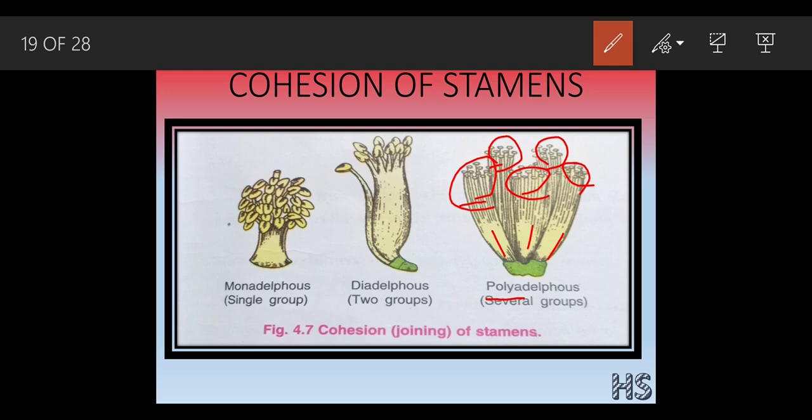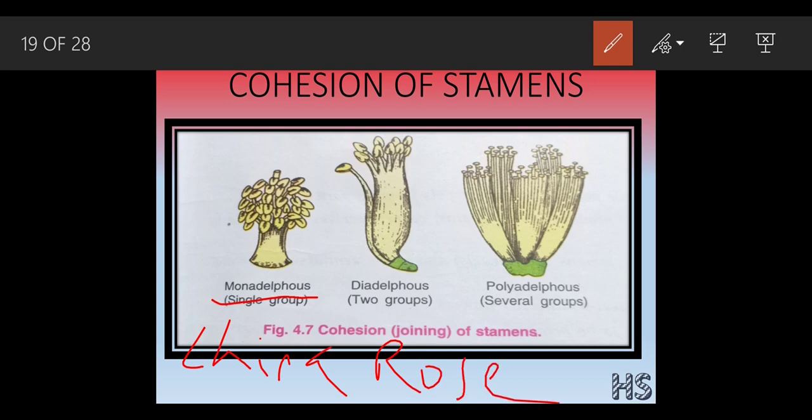Let's take some examples of this part. We are going to see the monoadelphous condition in the China rose plant. We are going to see the diadelphous condition in the pea plant.